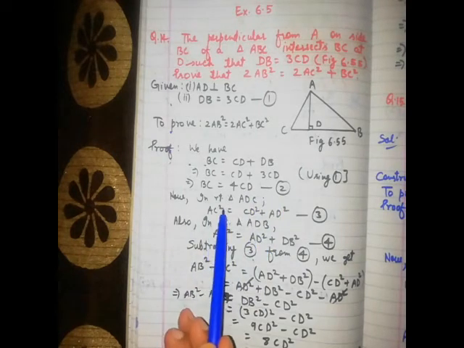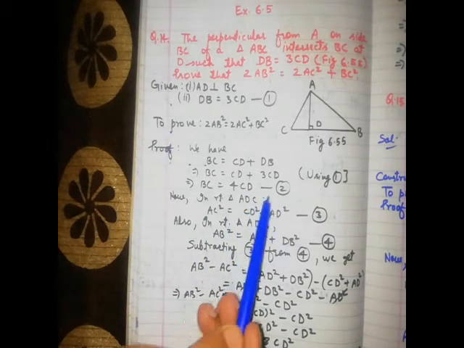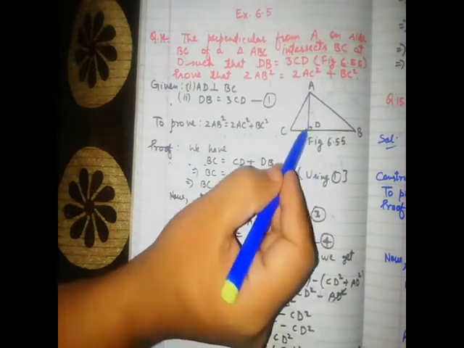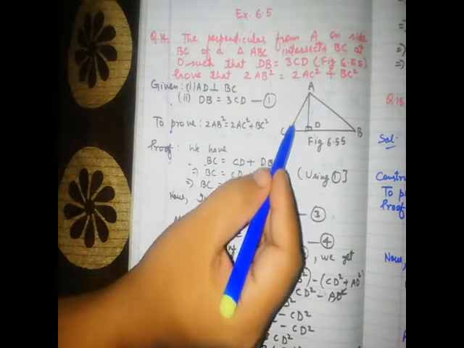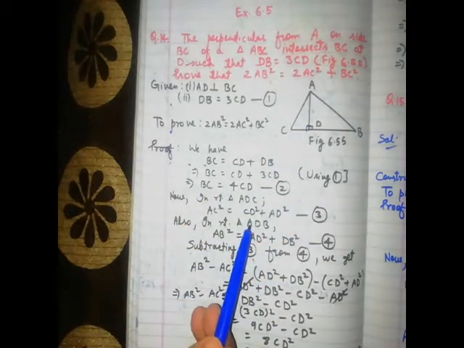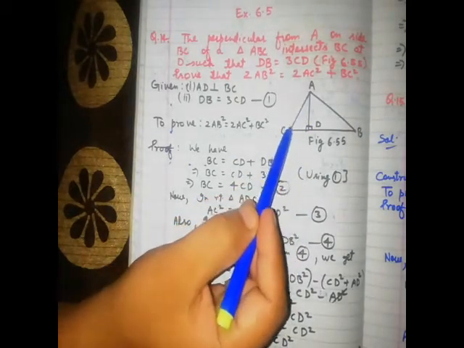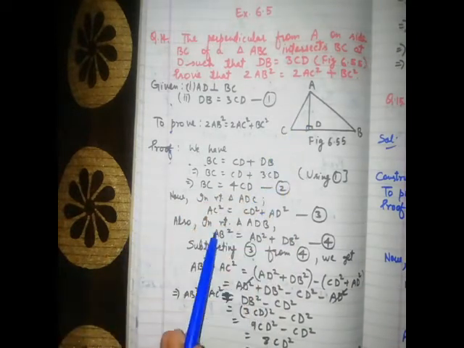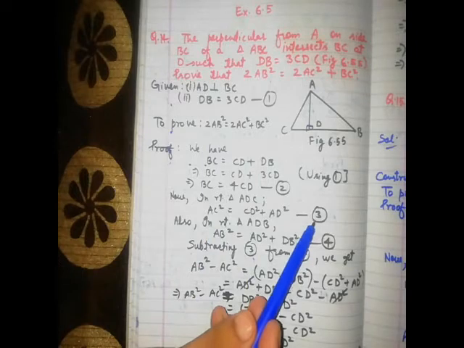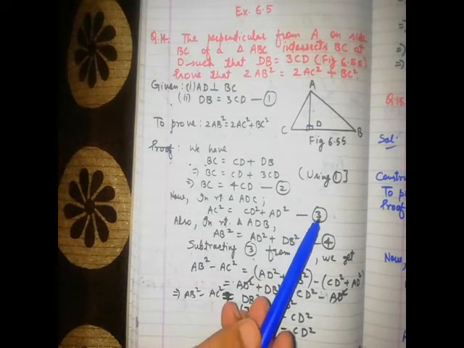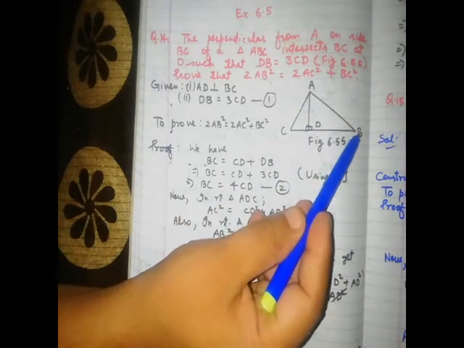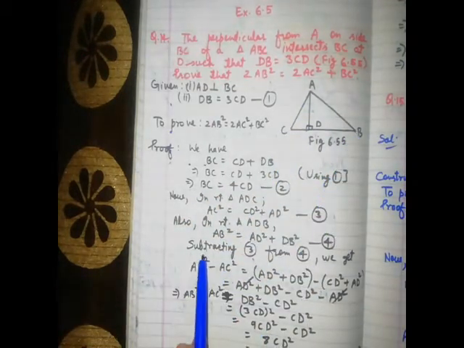Now in the right triangle ACD, right angled at D, we have to take AC from here by Pythagoras theorem. AC square is equal to AD square plus CD square because AC is hypotenuse here. This is kept as equation number 3. Similarly, we have to take AB square from right triangle ADB by Pythagoras theorem.